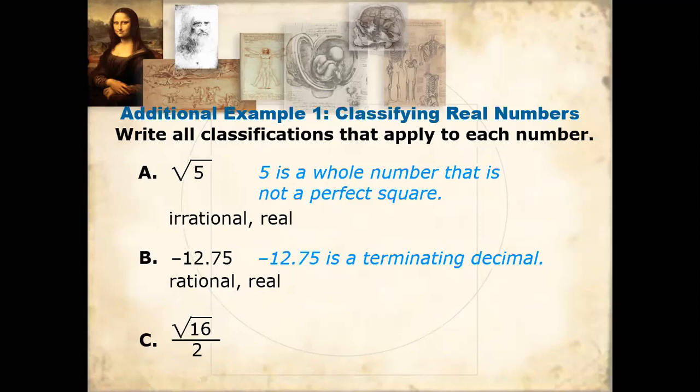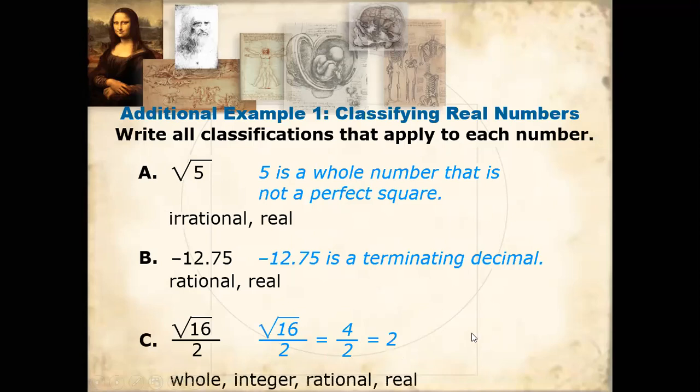Thank you. Why? Because square root of 16 is a perfect square number, right? So we can simplify it to 4, and we have the denominator, then the answer will be equal to, which means it will be whole, integer, rational, and real.